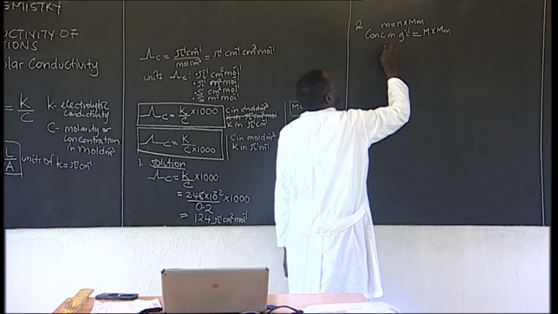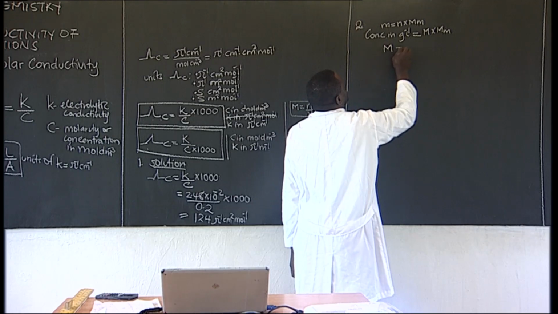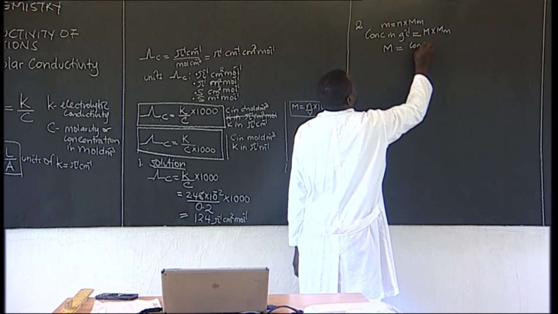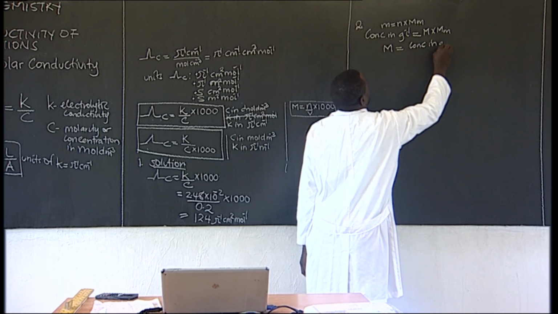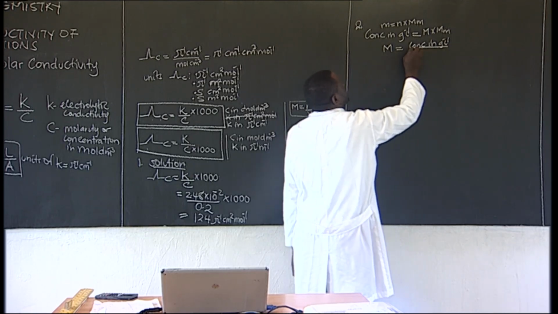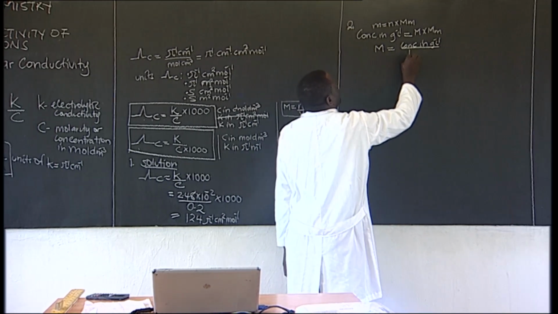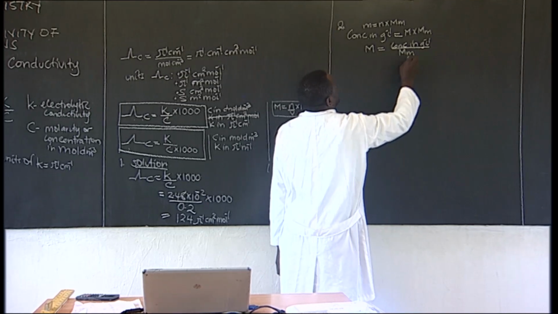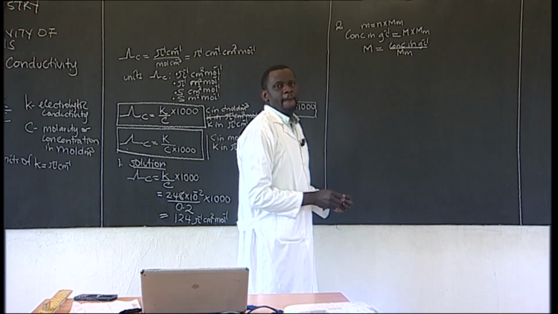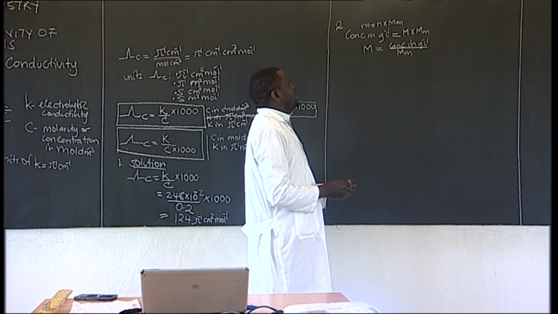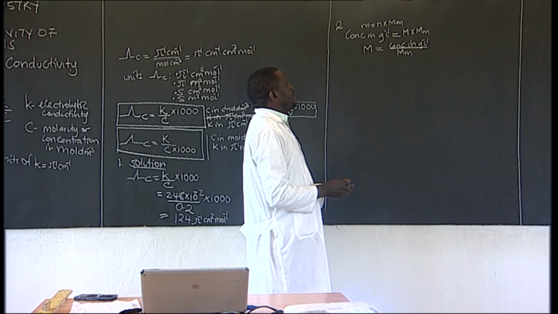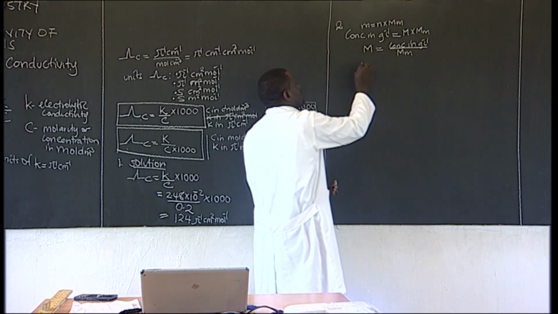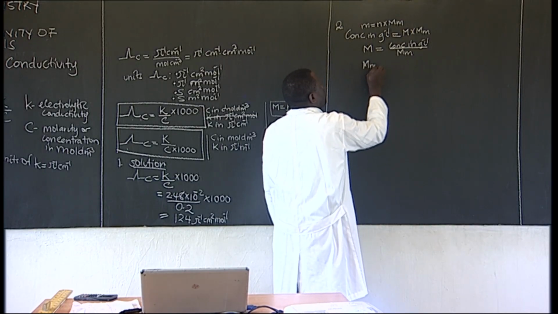But we need molarity. So molarity will equal concentration in grams per liter divided by molar mass. Students are following. This time we need to get the molar mass of barium chloride.